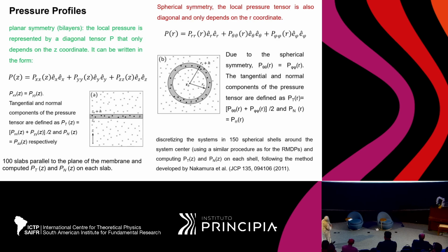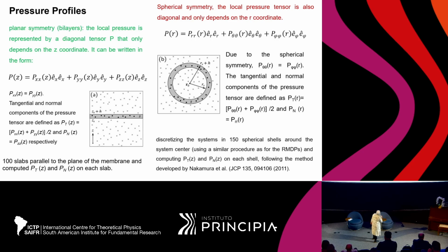Well, for this we calculate the pressure profiles. Bilayers have a planar symmetry, so we just suppose that the pressure in X and Y is the same, and we calculate the tangential pressure as half of the sum of X and Y, and the normal pressure as the anisotropy axis, Z. What happens with the spherical symmetry?